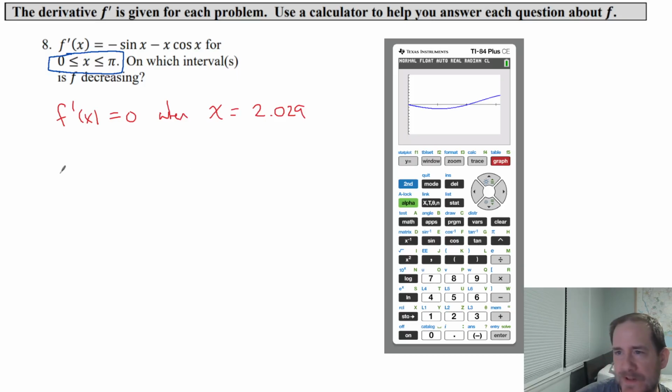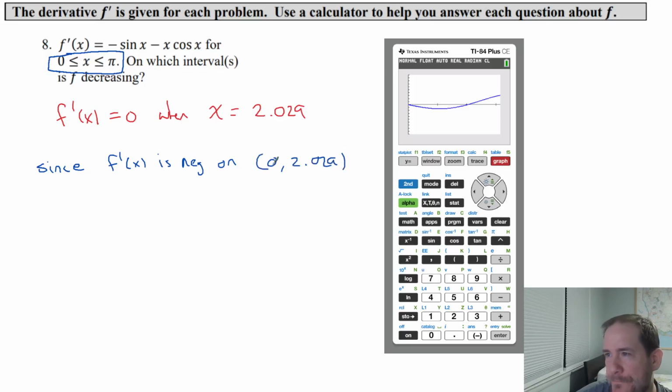So I'm ready just to write this out now. We can again say since f prime is negative on the interval that goes from 0 to 2.029, f decreases on that same interval, 0 to 2.029.